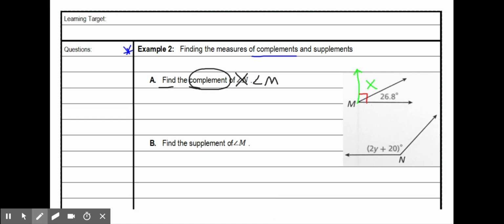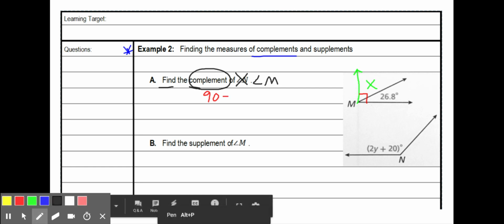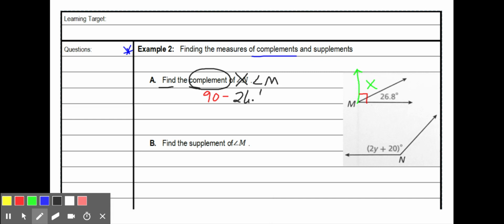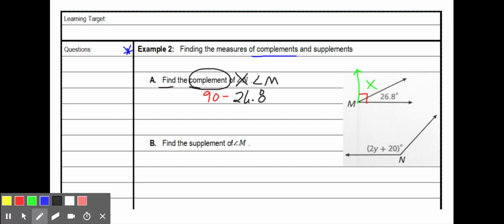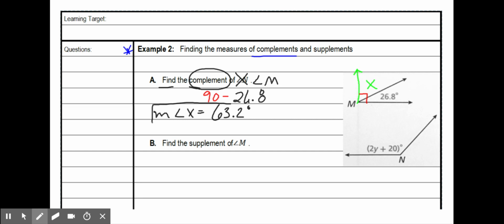So really all we have to do is take 90 degrees and subtract what we know. We know the measure of angle M is 26.8, and if we subtract that out, we get 63.2 degrees. So the measure of angle X is 63.2 degrees.